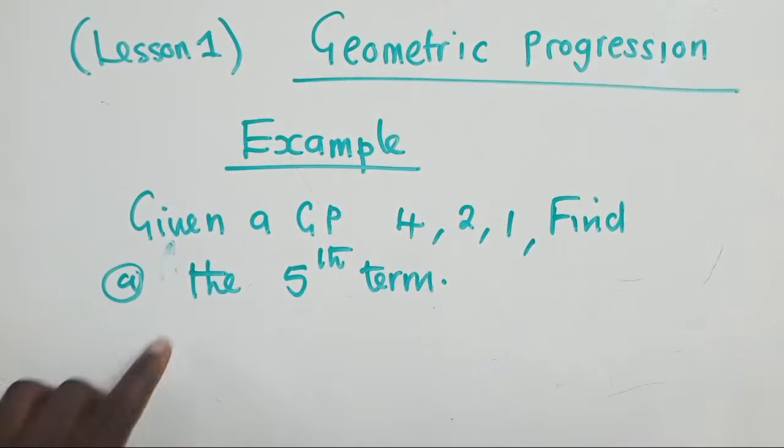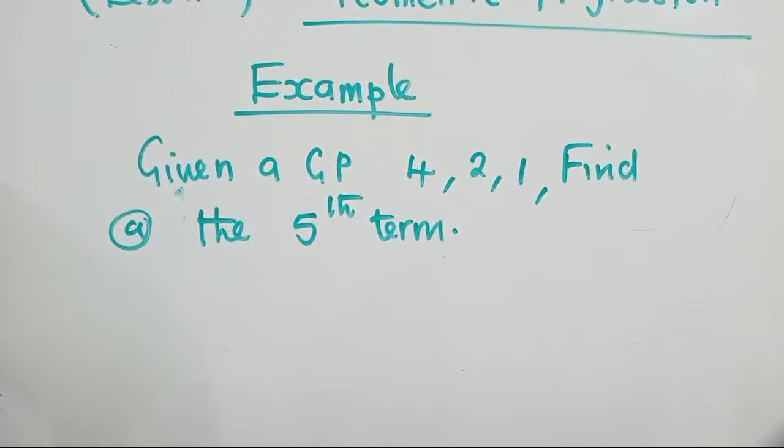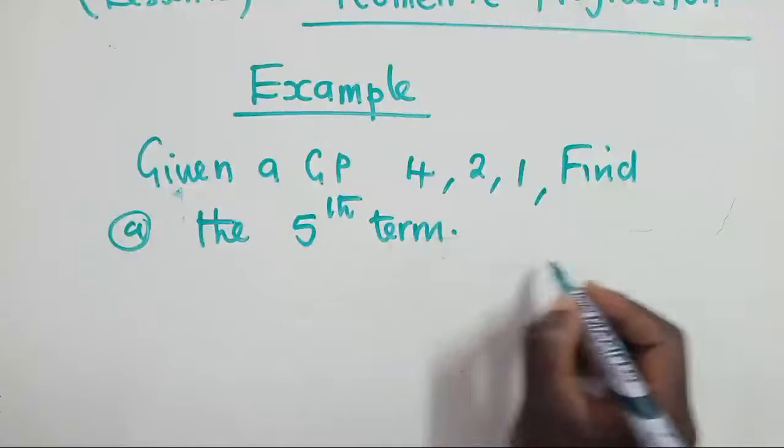So how do we find the 5th term? The first thing that should come to our mind is the terminologies. Under the terminologies, we know that there must be A, N, and R. So what formula are we going to use?